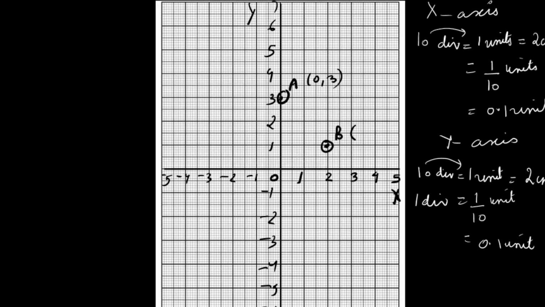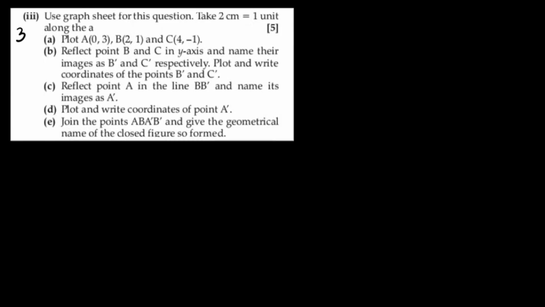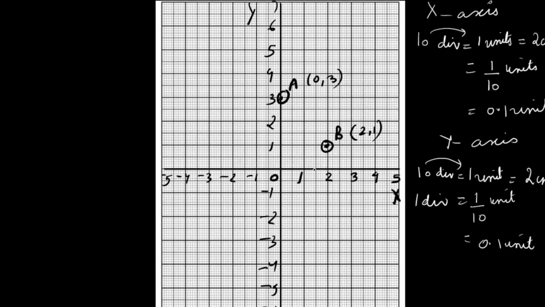So this is point B. Then C is 4, minus 1. Minus 1 is down. This is point C.